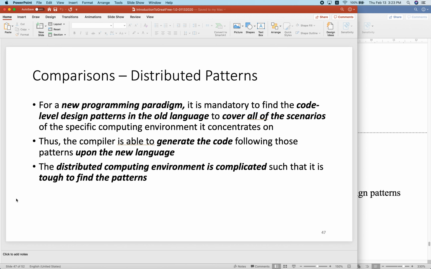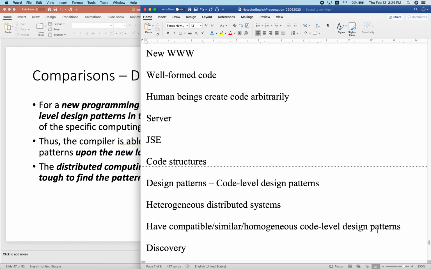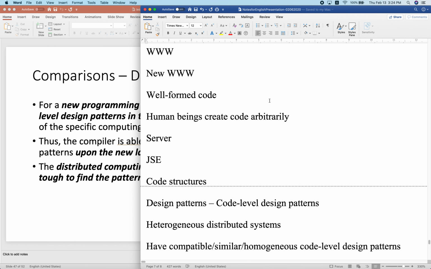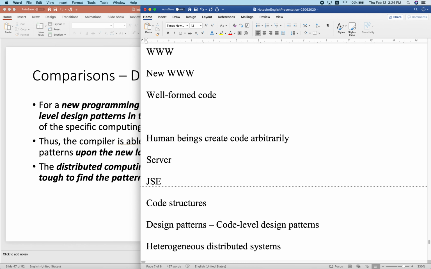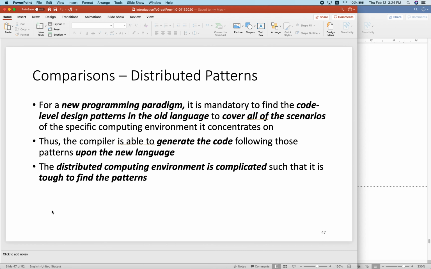It's impossible because the transformation from the new language to the low-level language is impossible, because a machine cannot generate arbitrary code. The machine can only generate well-formed code. So that discovery is very, very important.